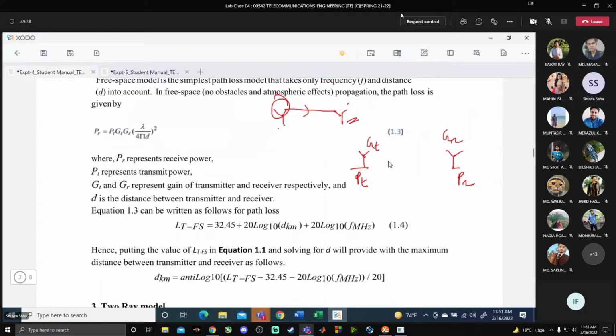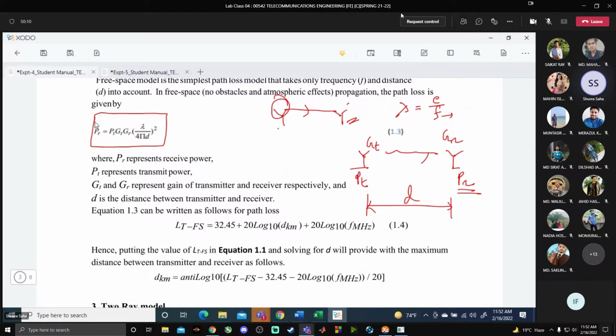Okay, and the distance between the transmitter and receiver is D. These are all path loss variables. Okay, and lambda is the wavelength of the signal that you are using. Means lambda can be easily calculated from C divided by F, from the frequency of the wavelength. So this is how the frequency affects. So if this is the scenario, then PR can be easily calculated using this equation.